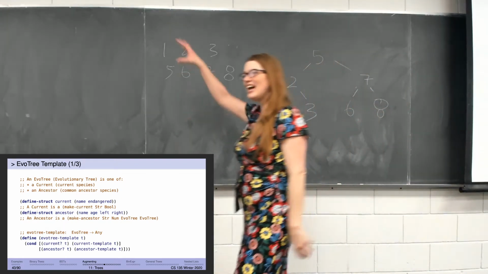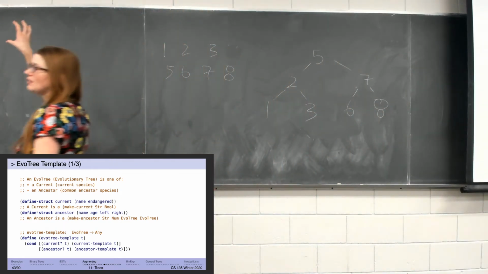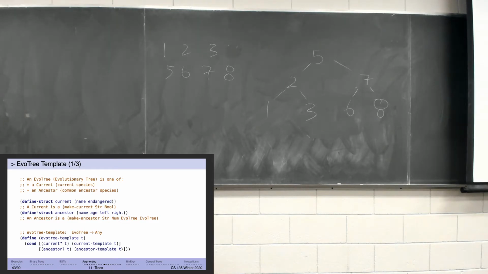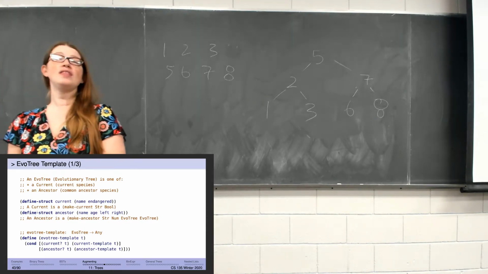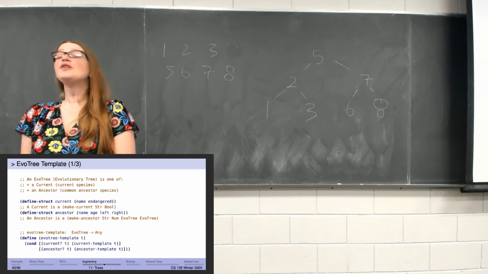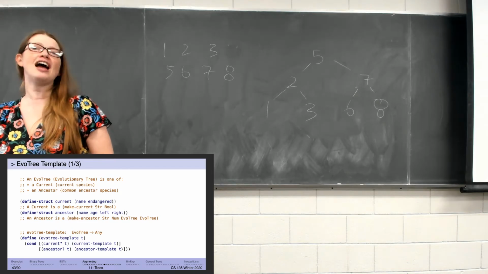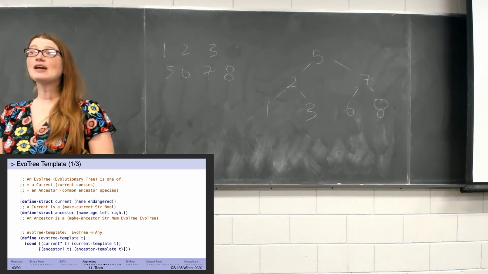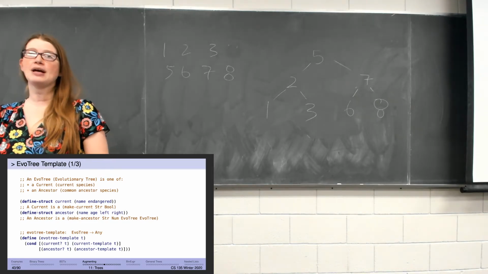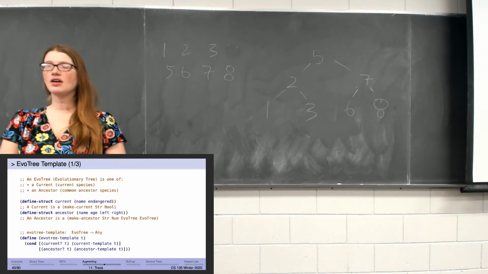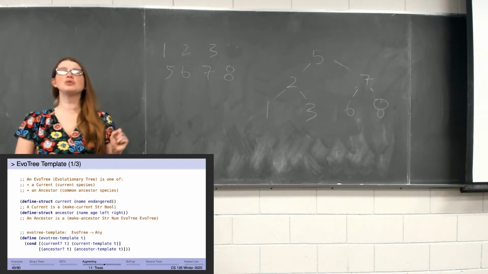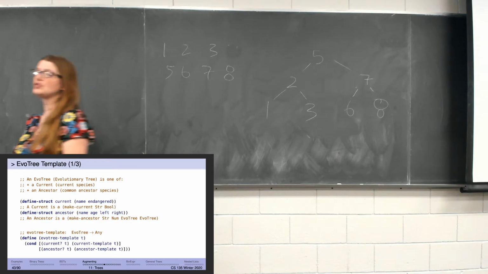Just like the data definition, which is mutually recursive, our template is also going to be mutually recursive because the template should model the data definition. So if your data definition has no recursion, then your template shouldn't have recursion either. If your data definition does have recursion, then so should your template. This data definition has mutual recursion, which means that your template should also have it.